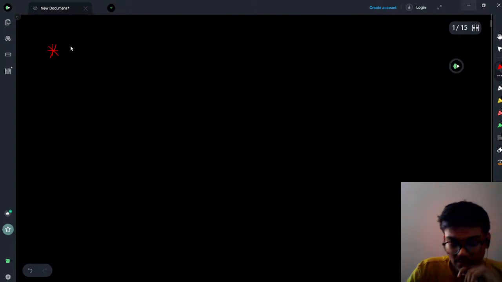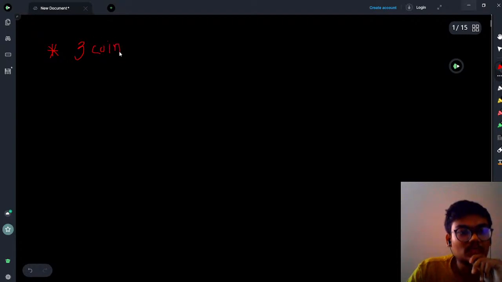So let's say we have three coins. If we have three coins, then what is the sample space we have?